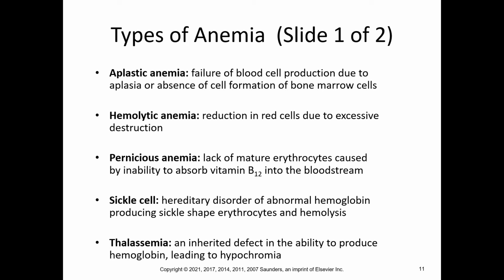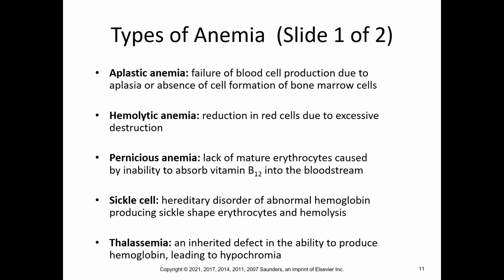Failure of blood cell production due to aplasia, absence of growth or cell formation, in the bone marrow cells. Hemolytic anemia, reduction in red cells due to excessive destruction, hemolysis. Pernicious anemia, the lack of mature erythrocytes caused by inability to absorb B12 in the bloodstream.